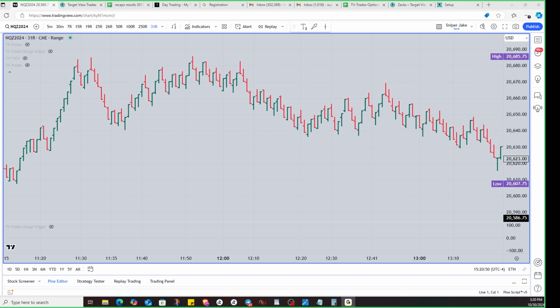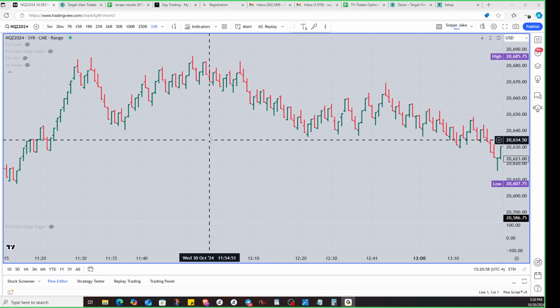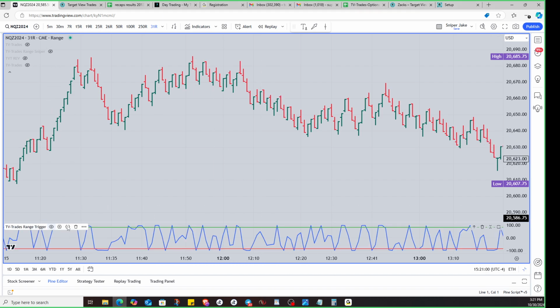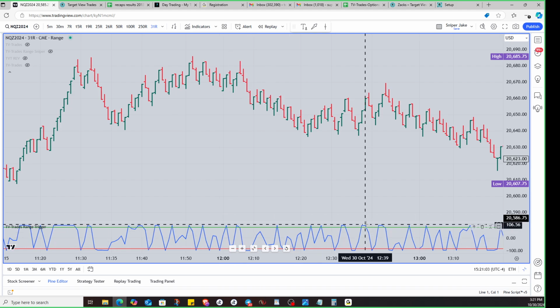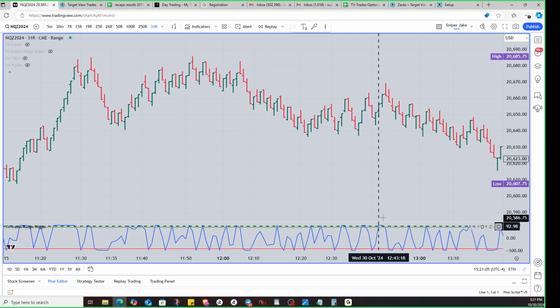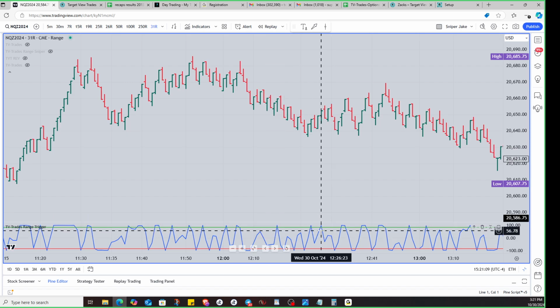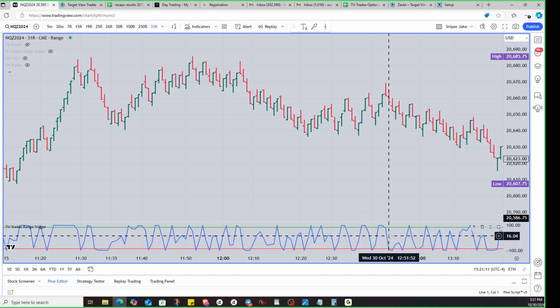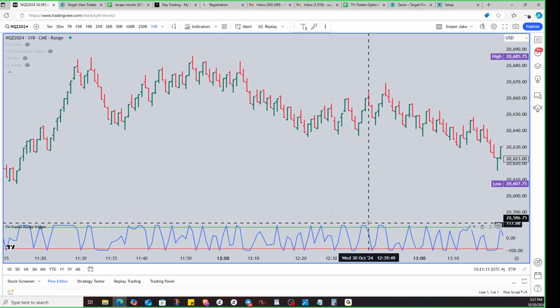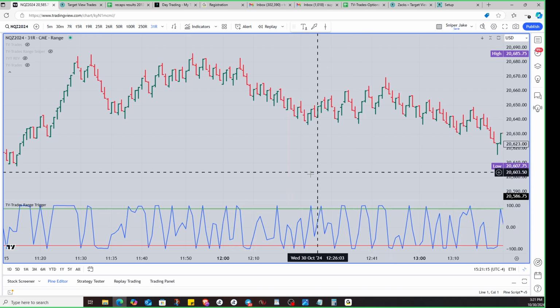All right, so I want to talk about the TV trades range trigger. This can be a thing all by itself. Now, when you're with the trend, you want to use the range trigger coming out of the overbought or out of the oversold with the trend to be your entry criteria to get into the trade.